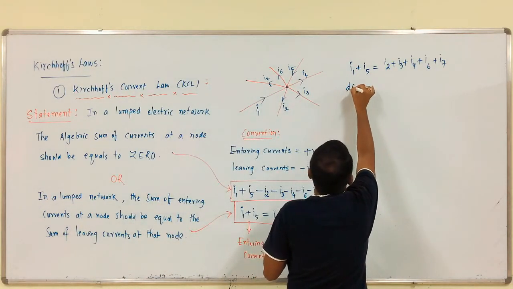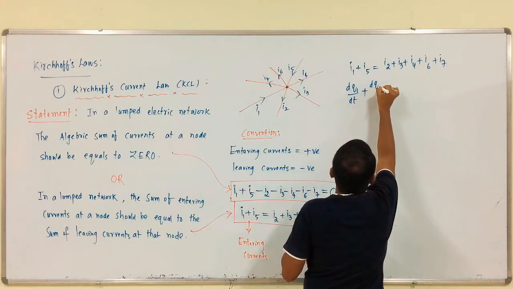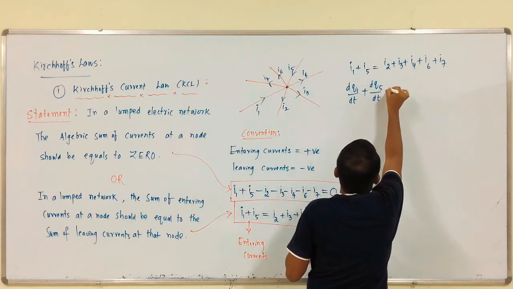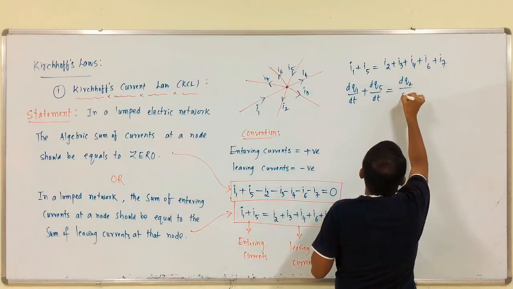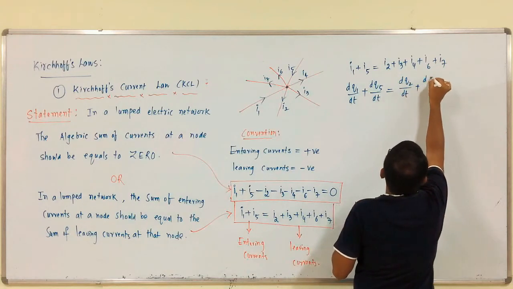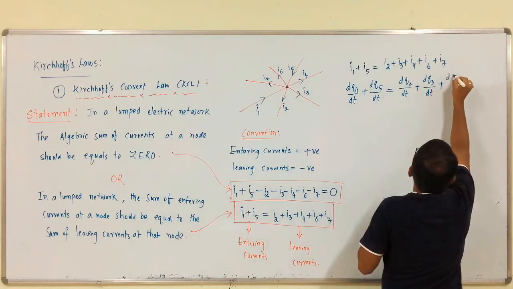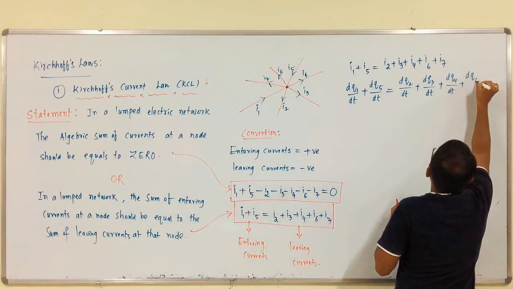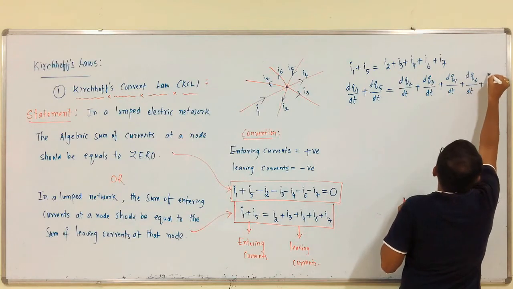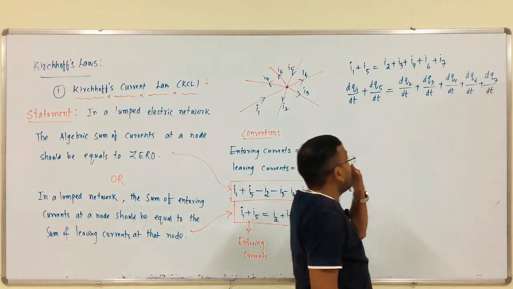That is dq1 by dt plus dq5 by dt, which is equal to dq2 by dt plus dq3 by dt plus dq4 by dt plus dq6 by dt plus dq7 by dt.